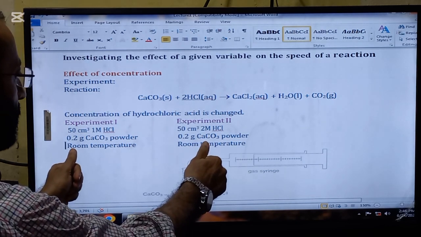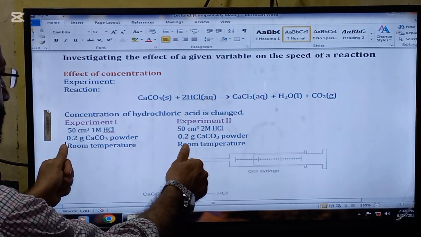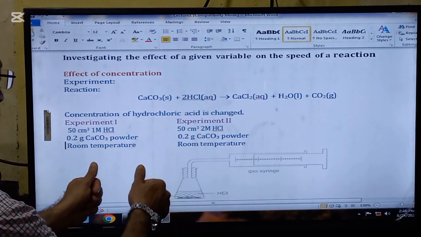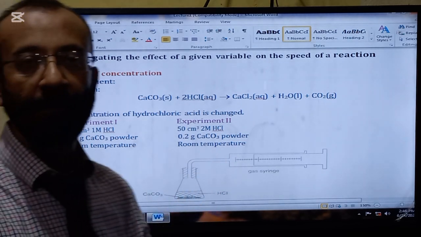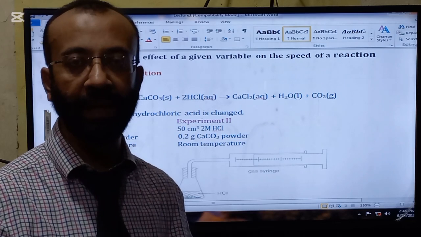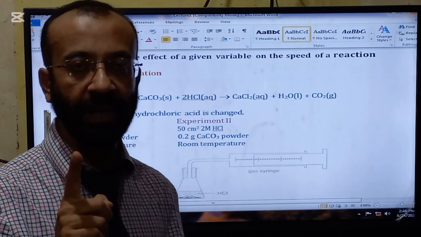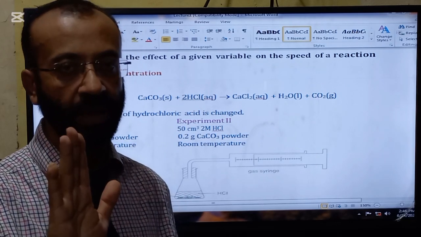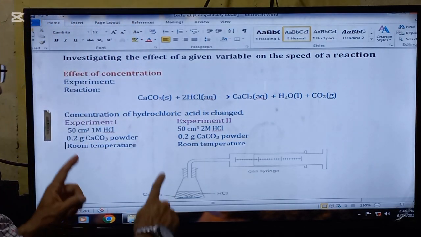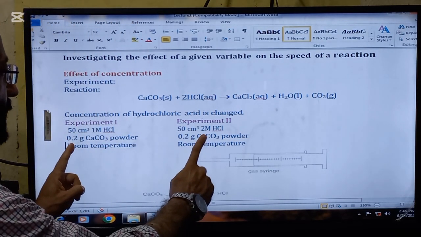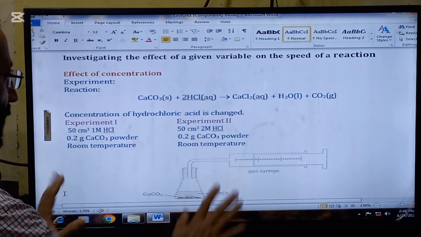The calcium carbonate mass is the same, that is 0.2 grams in both experiments, and in both experiments room temperature is also the same. So the first thing you have to understand is that the rest of the conditions are the same except the concentration of one of the reactants.